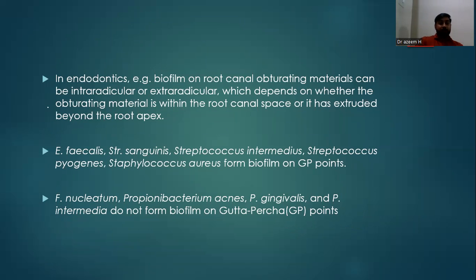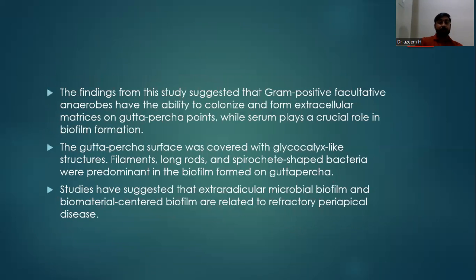E. faecalis, Streptococcus sanguis, Streptococcus intermedius, Streptococcus pyogenes, and Staphylococcus aureus form biofilm on GP points, whereas F. nucleatum, Propionibacterium acnes, P. gingivalis, and P. intermedia do not form biofilms on gutta-percha points.